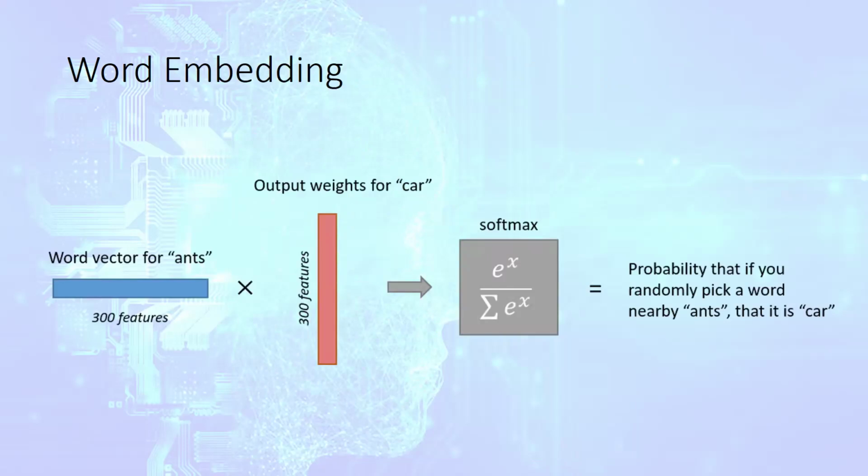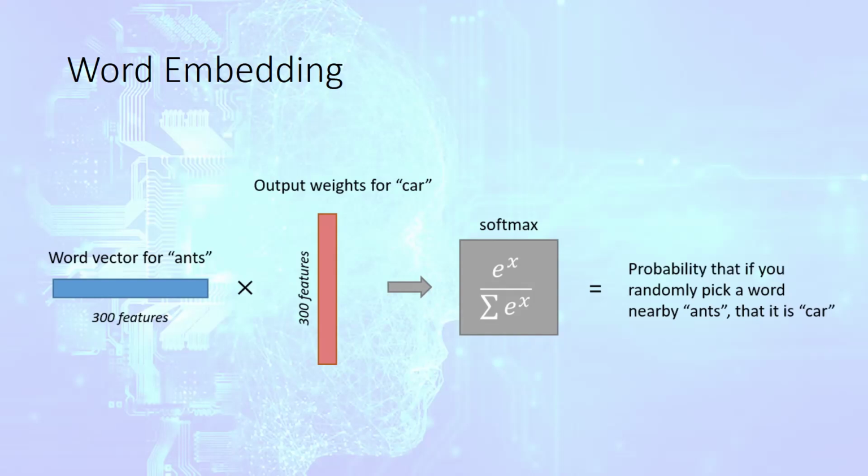And for example, in the process of real work, I have some word vector for ants, and then I want to calculate the probability that this word can be close to the word car in real text.